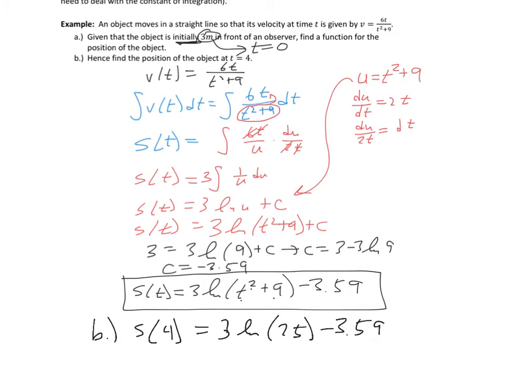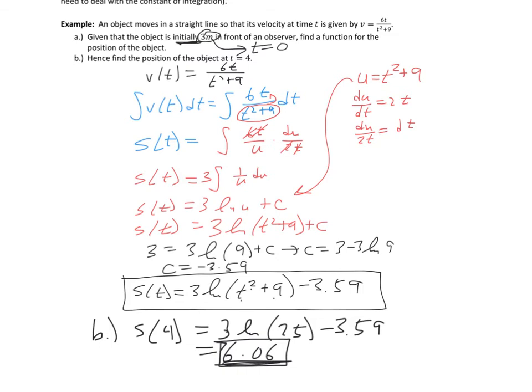Actually, I suppose that should have been plus that up there, huh? So 3 natural log 25. I got that this was 6.06. Okay? And so there it is. That's our position at that time.